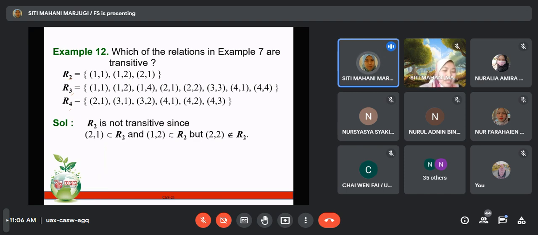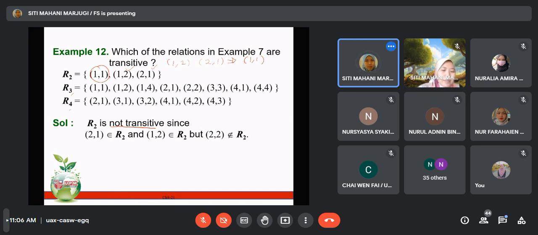I mentioned here R2 is not transitive because, okay, it is reflexive. So look at this: (1, 2) and (2, 1) would give (1, 1), so this is correct.